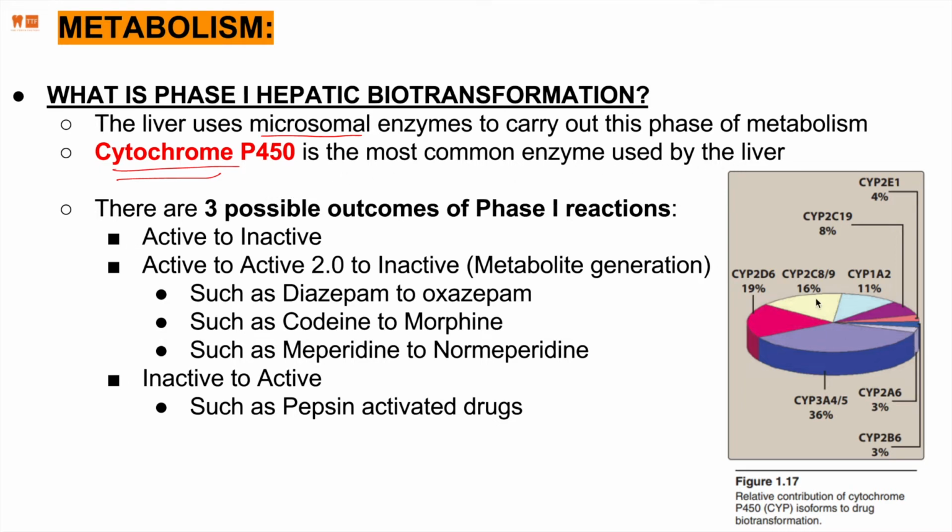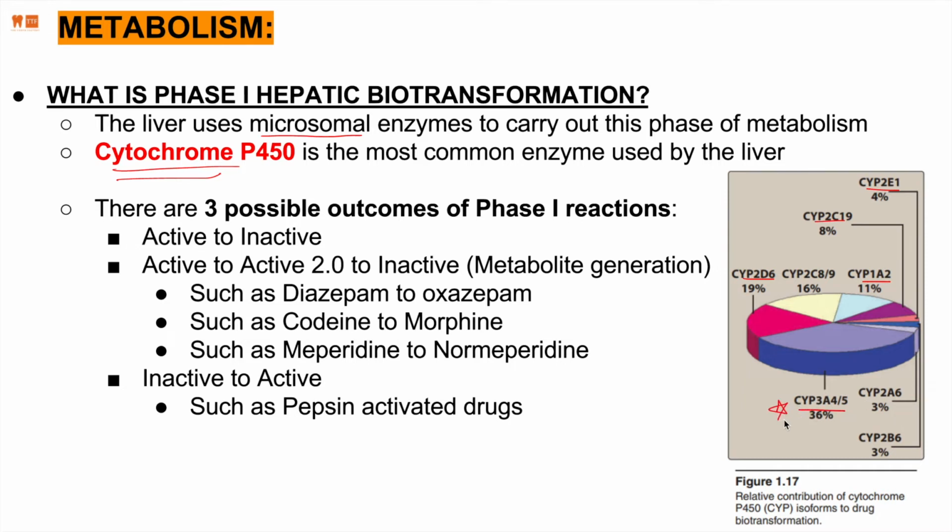There are several others, right? In the P450 family, the relative contribution of CYP450, there's a lot of different ones. There's 2E1, 2C19, 2D6, 1A2, so 1 and 4. There's a lot. 3A4.